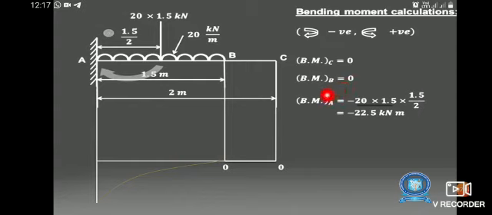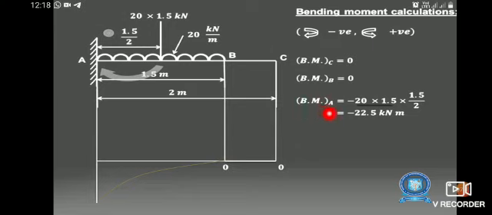Next, we calculate the bending moment at A point. The UDL load is applied here. The bending moment formula is minus force into distance divided by 2.